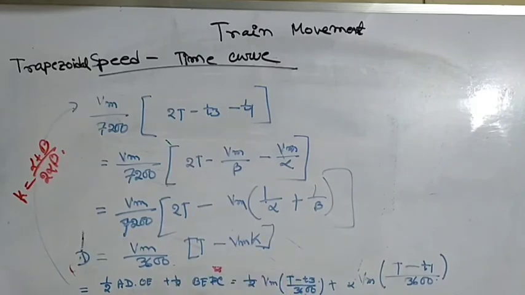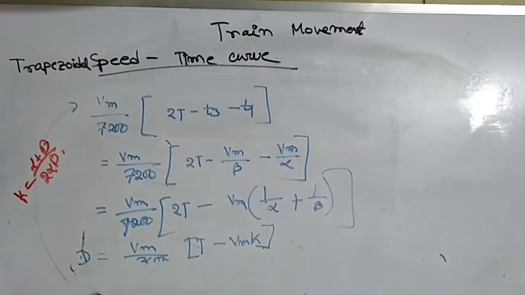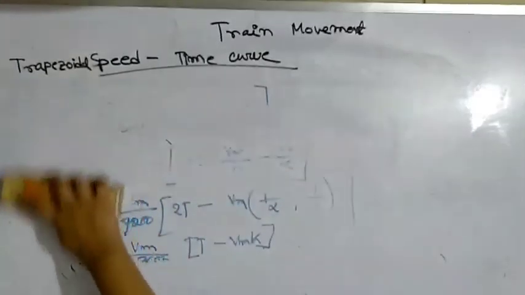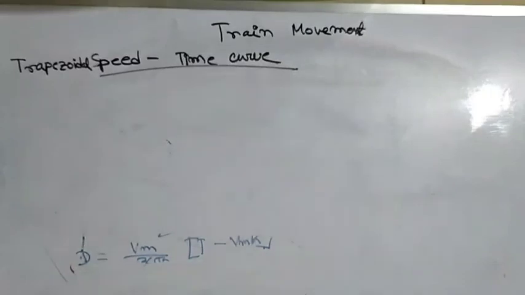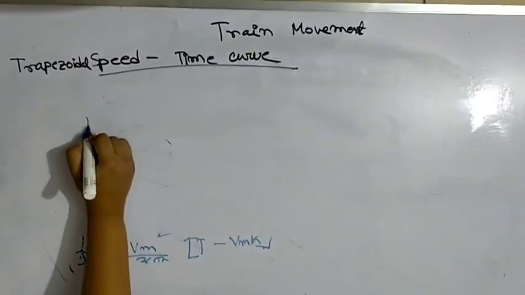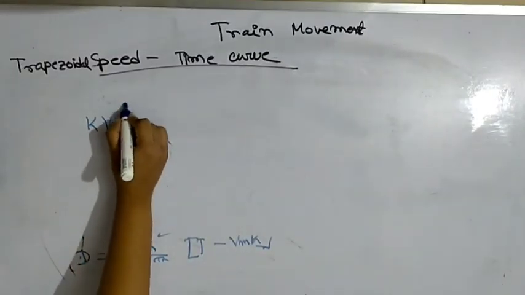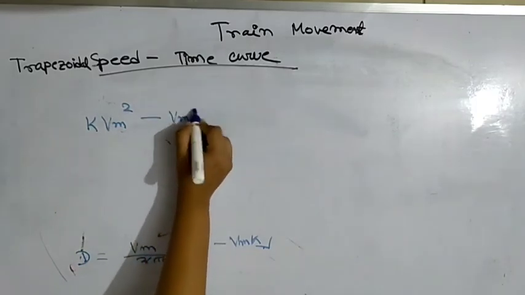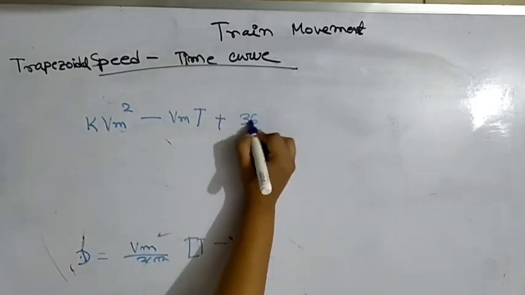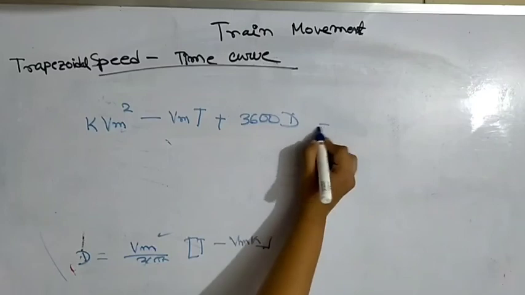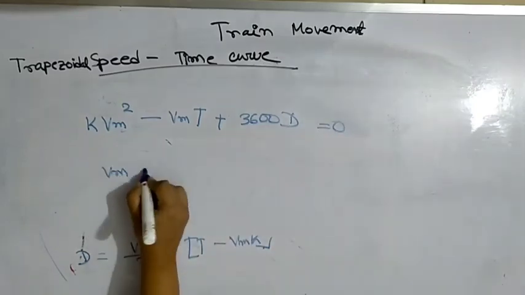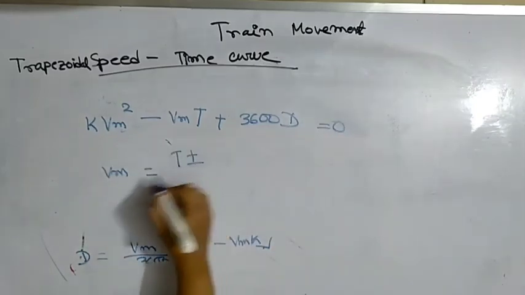Or we can write K Vm squared minus Vm T plus 3600 D equals 0, and from this we get the value of Vm.